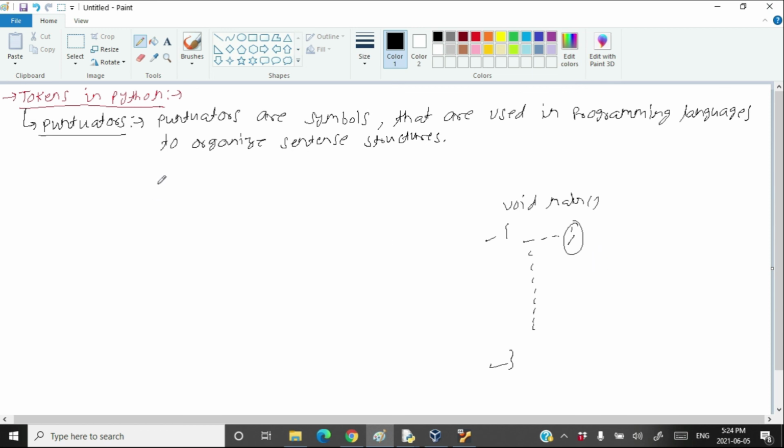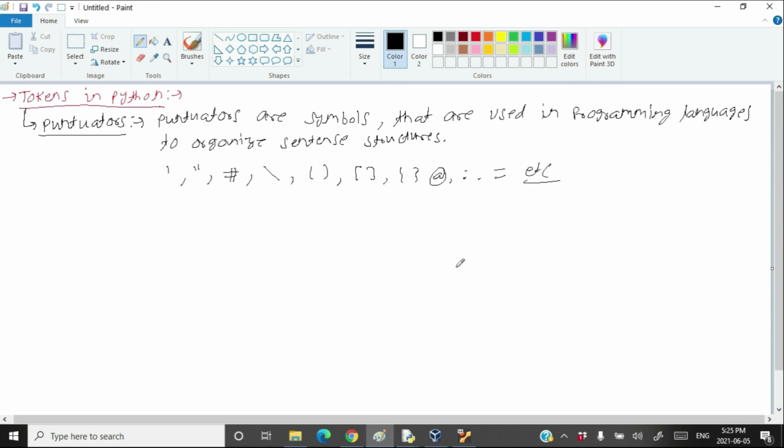The most common punctuators used in any programming language are the single quote, the double quote, hash, backward slash, opening and closing small brackets, opening and closing square brackets, opening and closing curly brackets, ampersand, at the rate, comma, colon, dot, tilde, equal sign, etc. These are the common punctuators used in any programming language.